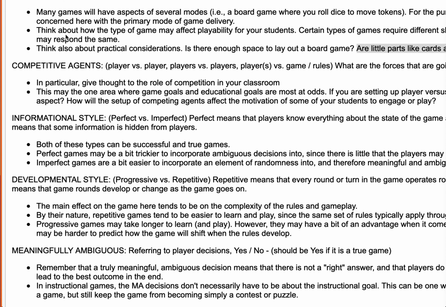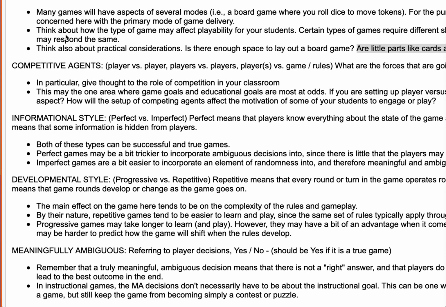So the first one, informational style, I guess the easiest way to say it is, at any point in the game, imagine you're playing the game, pick a random point. At that point, does everybody who's playing know the entire condition of the game at that moment?